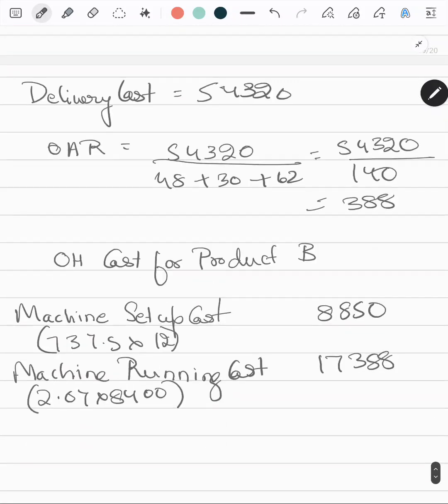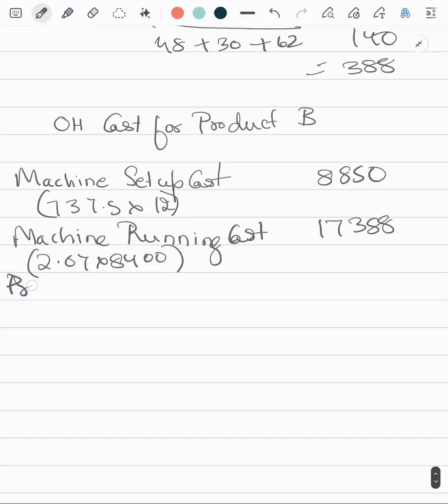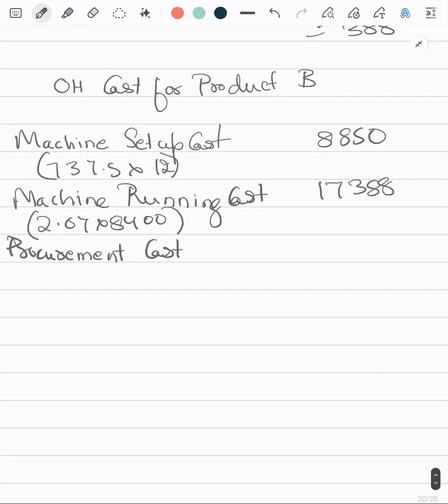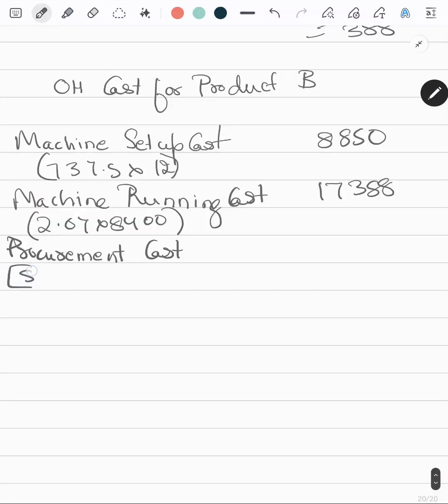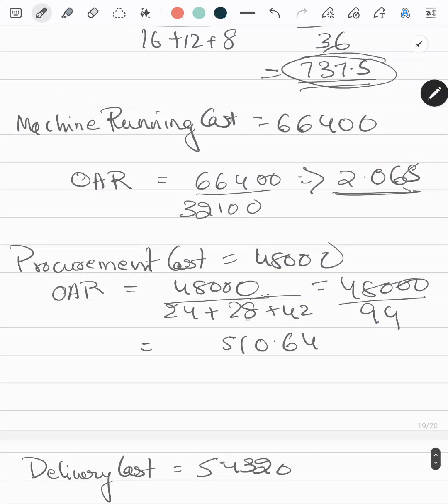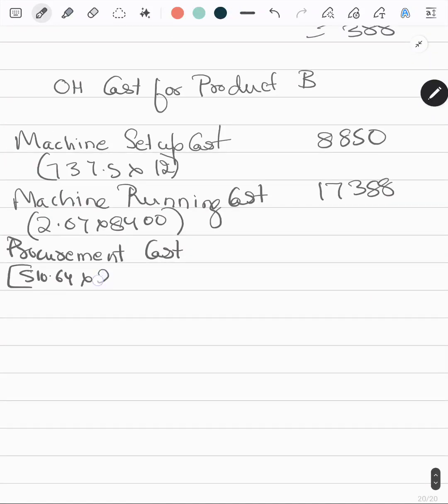After that, this is procurement cost. And the procurement cost is 510.60 into number of procurements for product B. And the number of procurements for product B is 28.